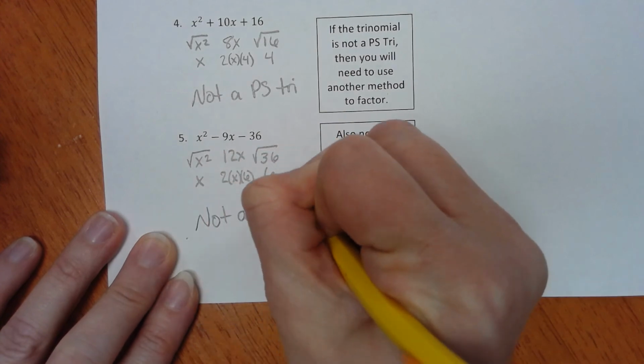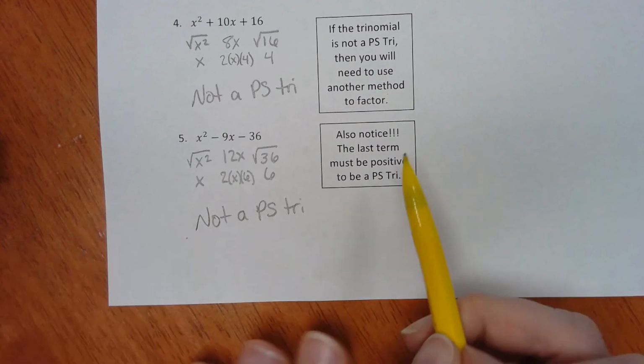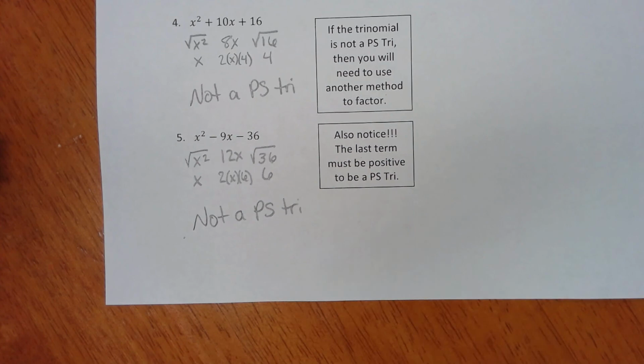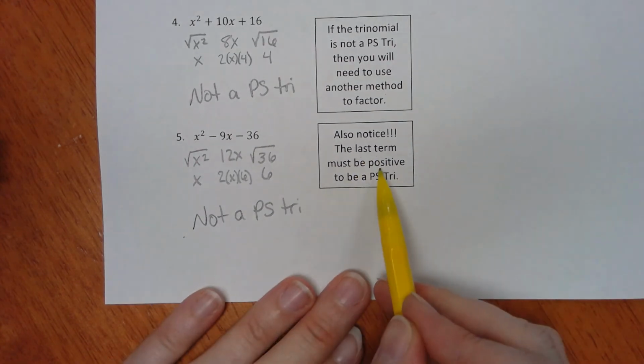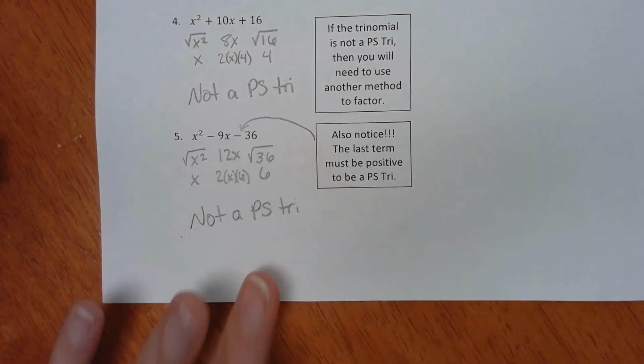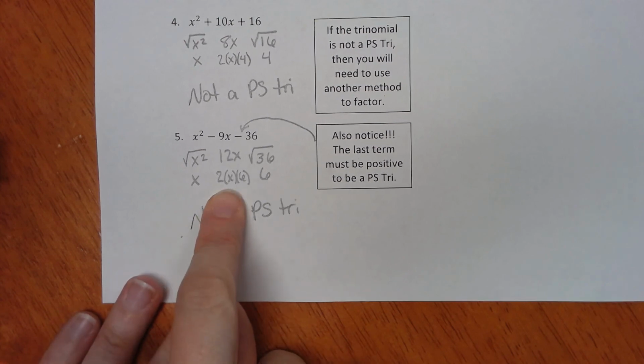And that's why it's so important that you check that middle term for the 2ab. But also notice something with this problem. For the last term to even be able to be a perfect square trinomial, the last term must be positive. So already from the start, if we would have noticed the negative 36, a negative 36 in no way can be a perfect square. So this already would have been not a perfect square trinomial. But it also helped to check that 2ab.